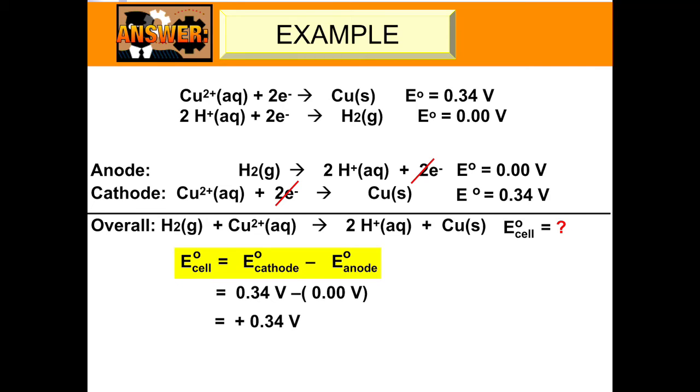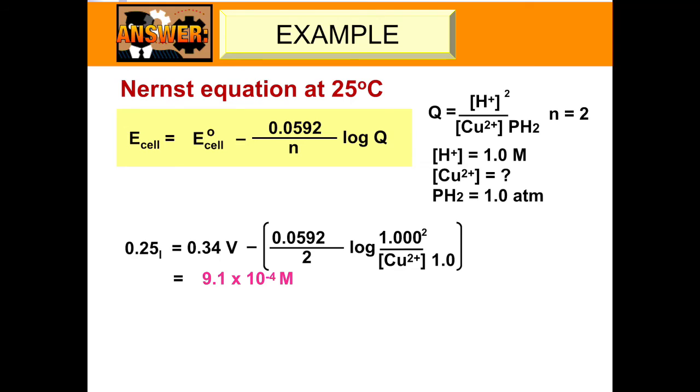So the expression of Q would be concentration of H+ to the power of 2 over concentration of Cu2+ and pressure of hydrogen gas. Most students forgot to write the pressure because they think we will only consider aqueous solution, but we also include gas. So the expression will be like that.